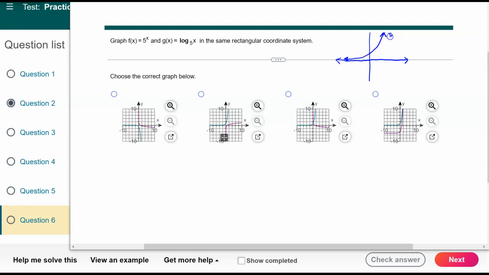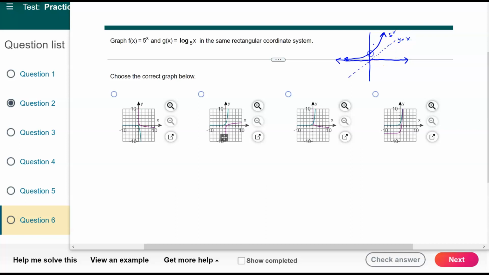Suppose this is the graph of 5 to the x. So the function 5 to the x will behave like that. It's exponential and increasing. Now the graph of its inverse is the reflection of the graph of this curve along the line y equals x.